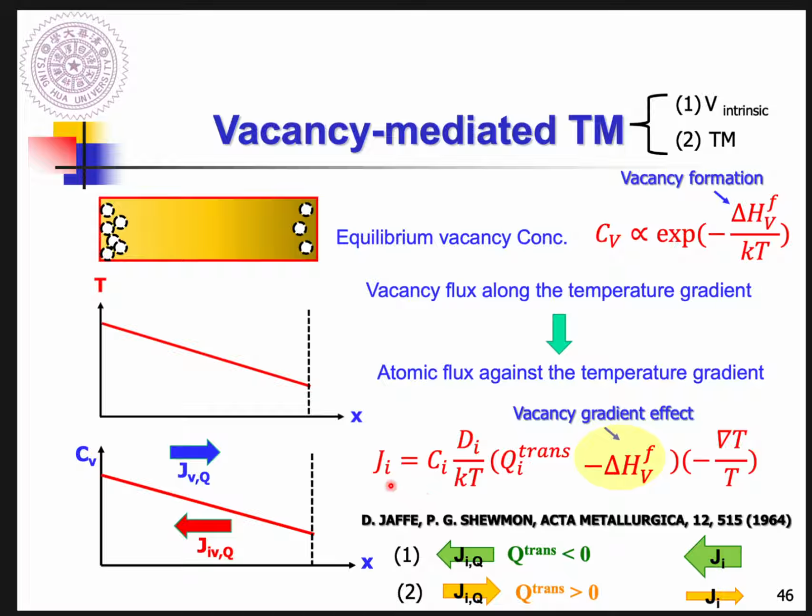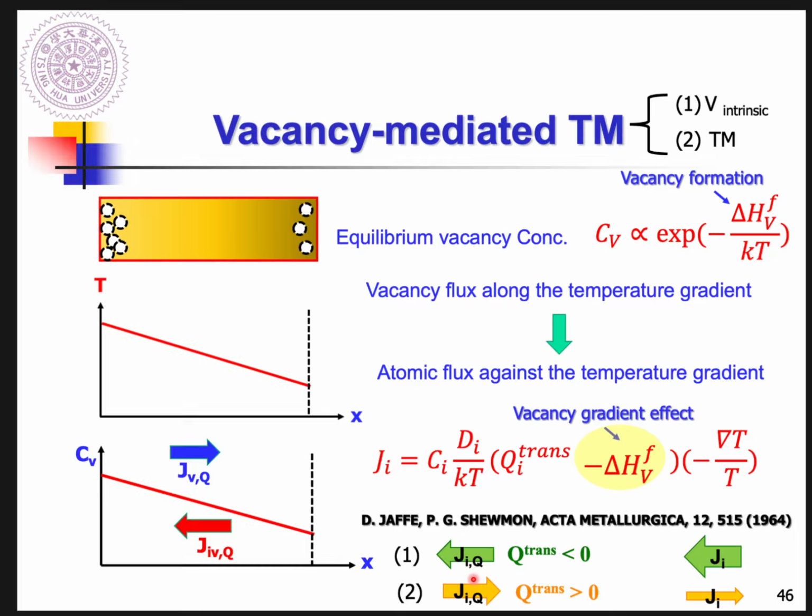So finally, after putting these two factors together, the final atomic flux driven by both thermal migration and the different vacancy concentration will move to the right-hand side. It is smaller than this one because you need to subtract the red one, which is contributed by the different vacancy concentration.